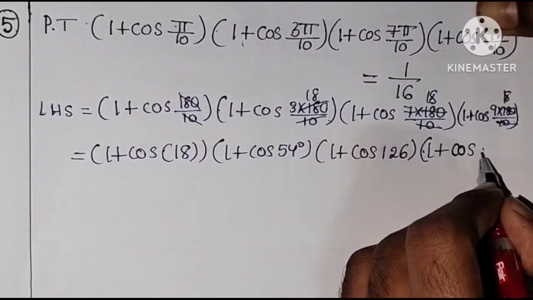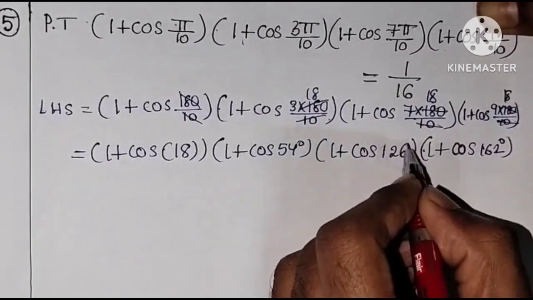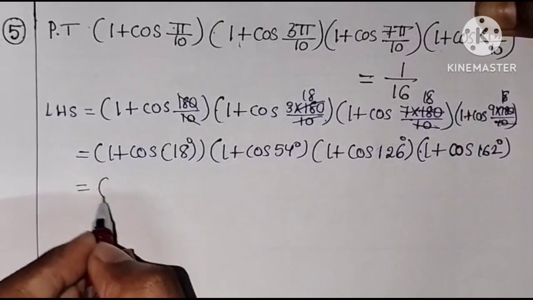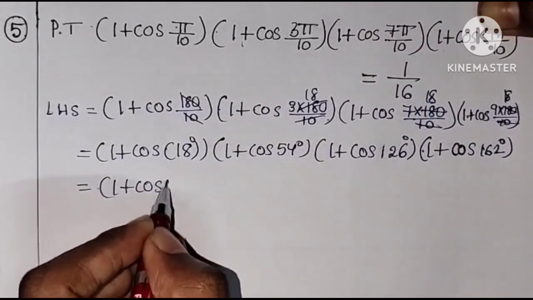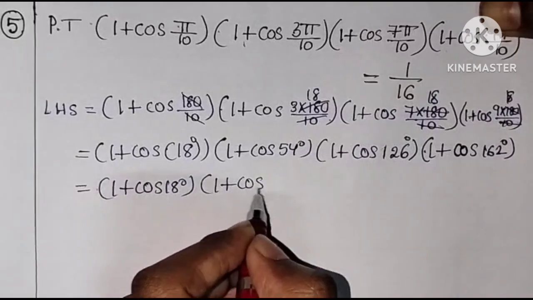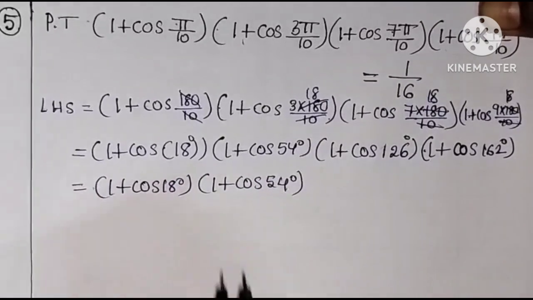Cos 162 degrees. Now 1 plus cos 18 degrees, 1 plus cos 54 degrees.